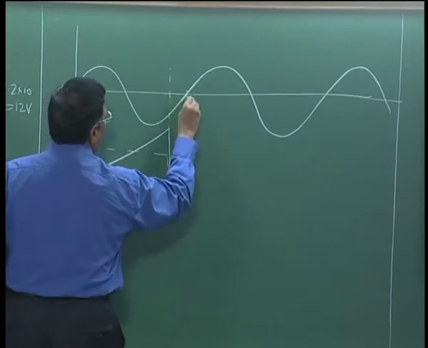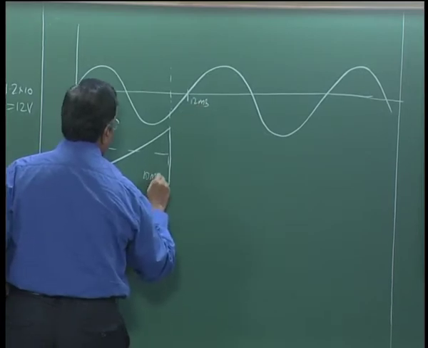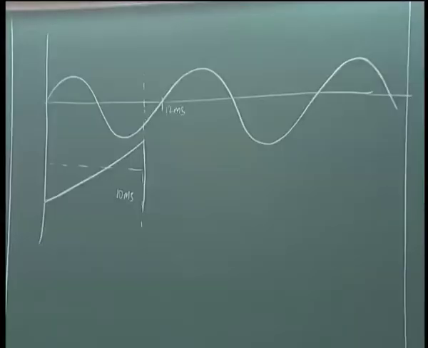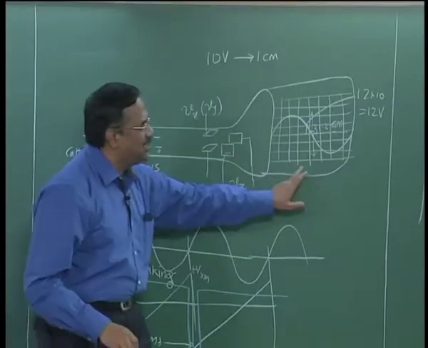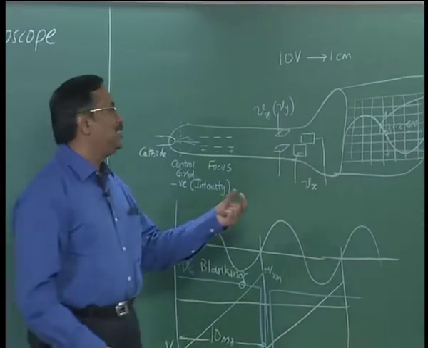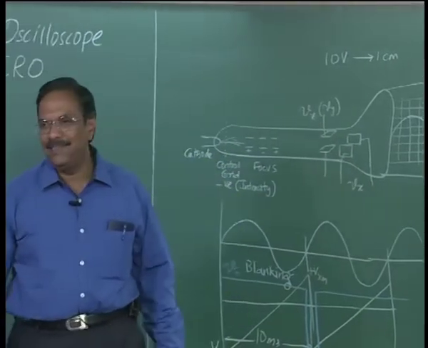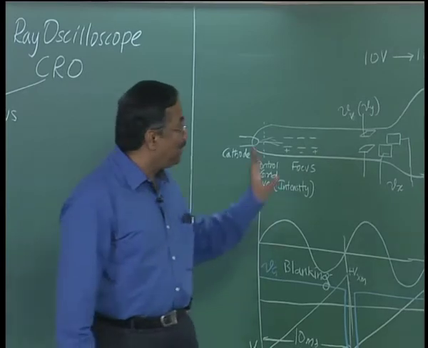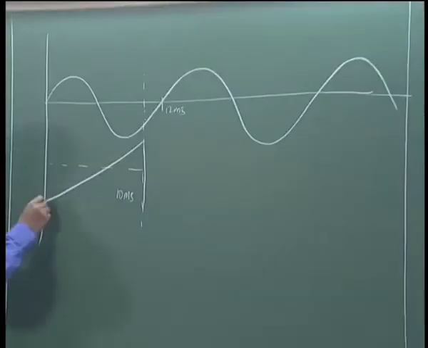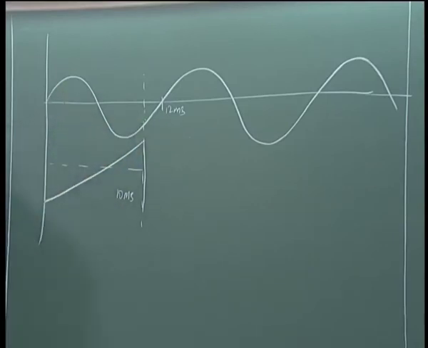So, this is 12 millisecond, but because I wanted to make measurements on the x axis, I have generated only 10 millisecond, and if I have 10 divisions, I know each division is 1 millisecond, and if I make 10 subdivisions in each division, I know each subdivision would be 0.1 millisecond, that is 100 microsecond, right. So, I can make measurements on the x axis, but what will happen is for the first sweep I will have this waveform displayed on the screen.